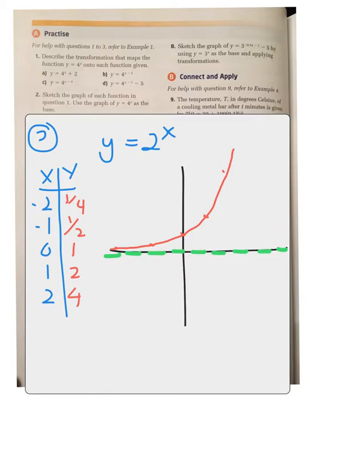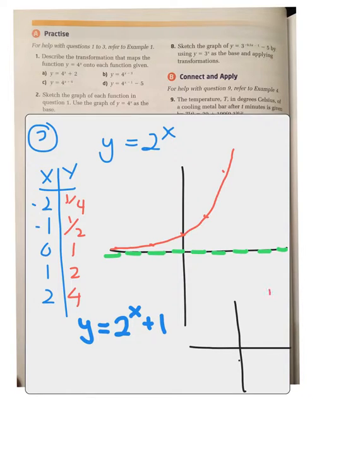Of course, now if we come to graph something like y equals 2 to the x plus 1, i.e. a vertical shift, well, everything shifts, including the asymptote. And the graph will now look a little more like this. There's the axis there.